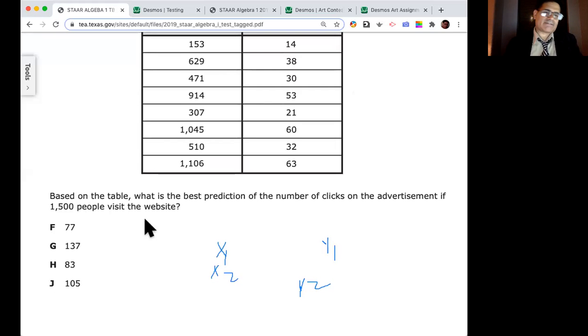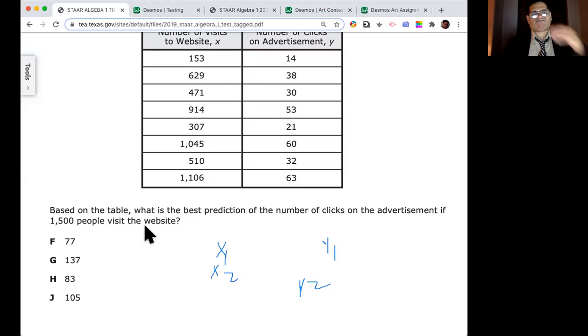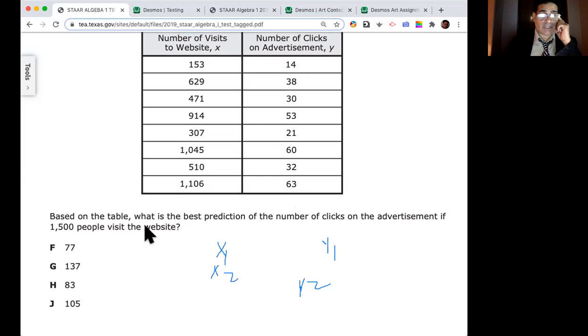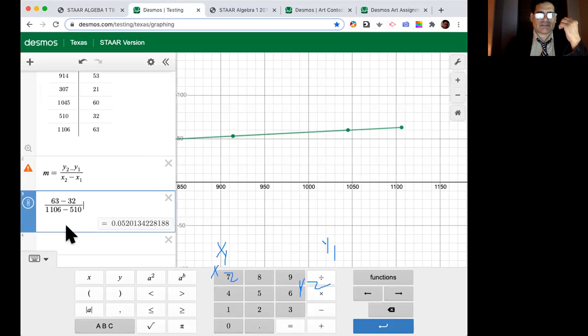So we have 4 choices, and they have to be plugged into this formula.